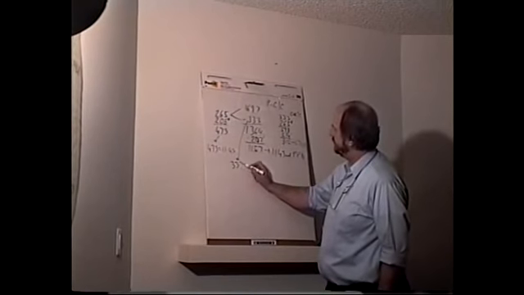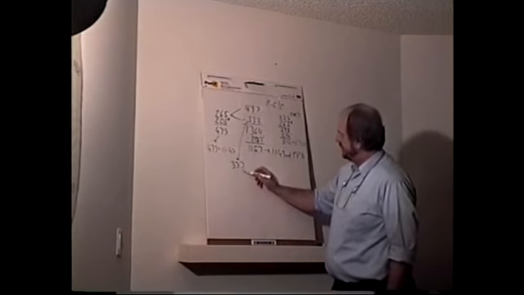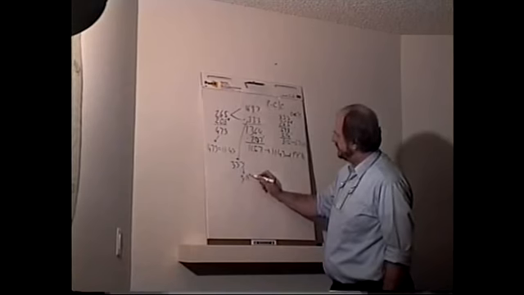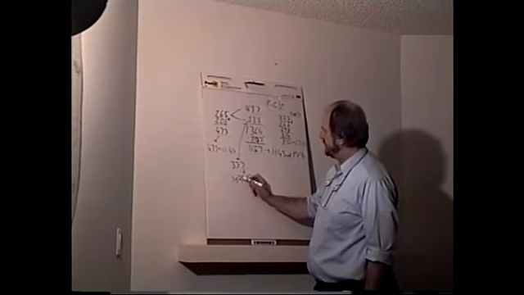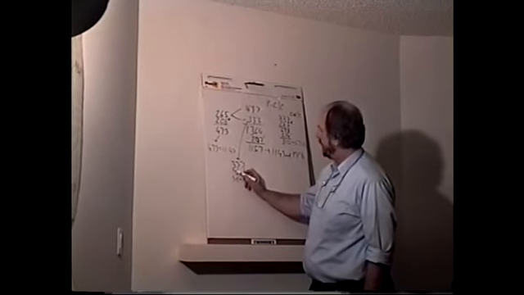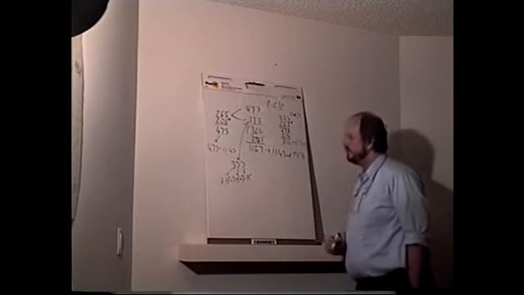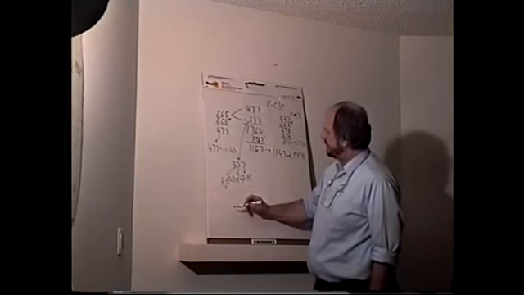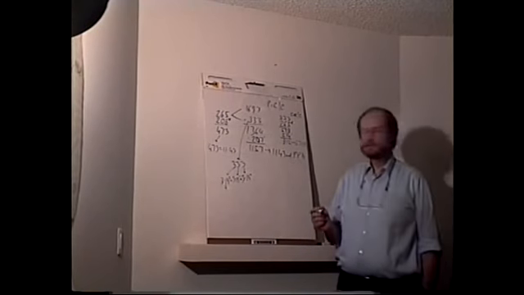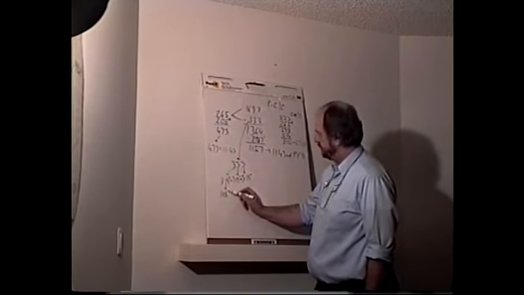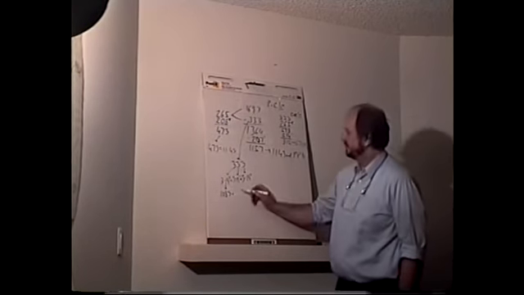Take this number. We have 333. What does it say in base 19? It says 3 times 19 to the power of 0 plus 3 times 19 to the power of 1 plus 3 times 19 to the power of 2. 19 to the power of 2 is 361. 3 times 361 is 1083. 3 times 19 to the power of 1 is 3 times 19, which is 57.